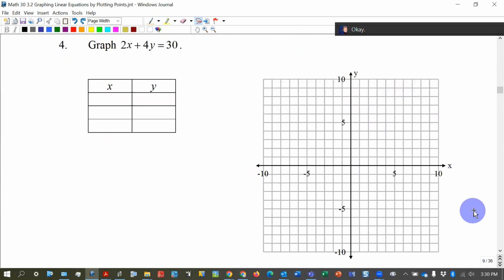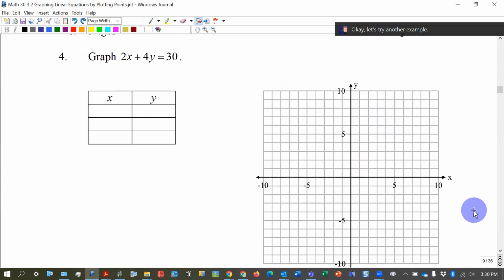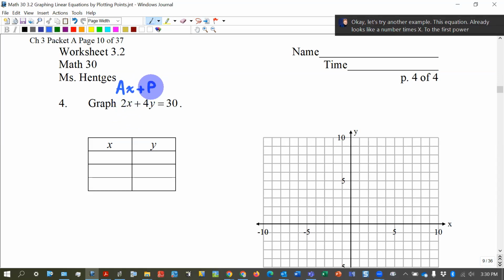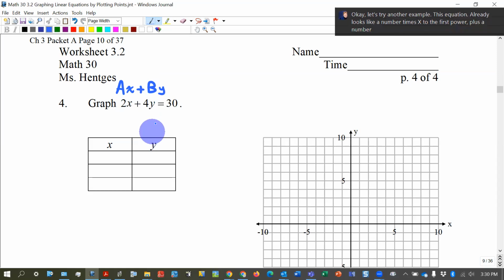Okay, let's try another example. This equation already looks like a number times x to the first power plus a number times y to the first power is equal to a number.